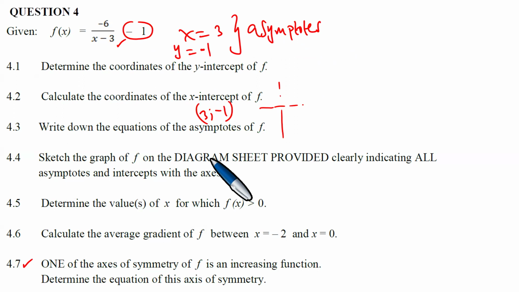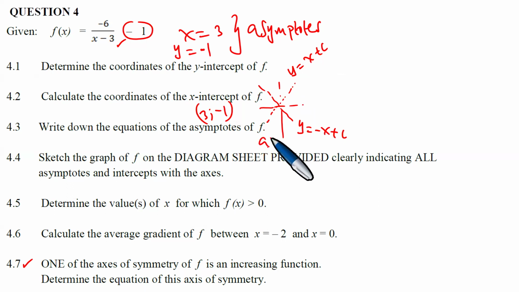So we continue. Now if you have to deal with the axis of symmetry that is an increasing function, there is an axis of symmetry with a positive slope. So there is y equals x plus c, and the other one is y equals minus x plus c.